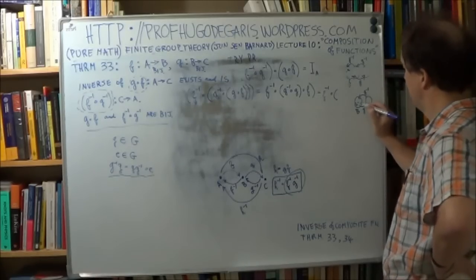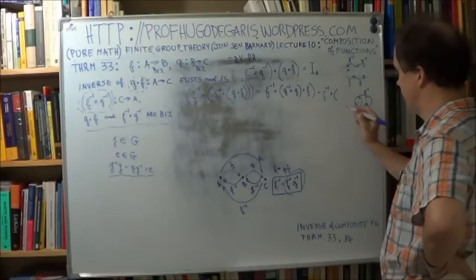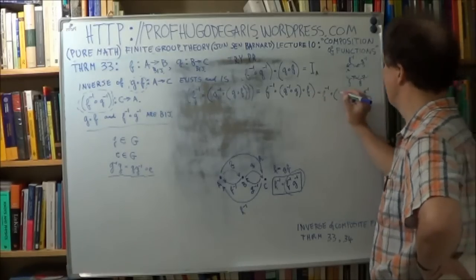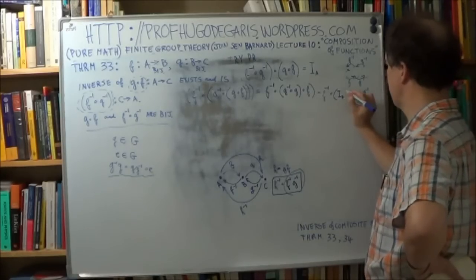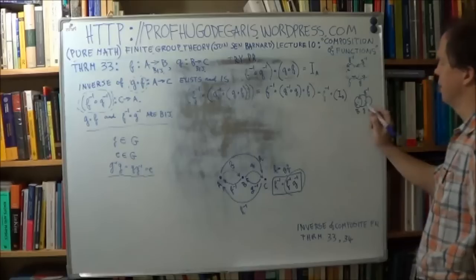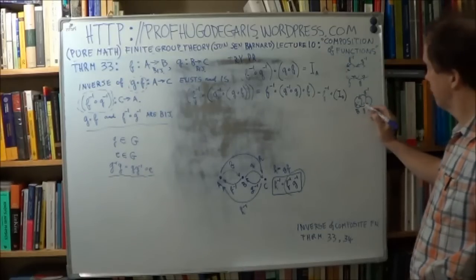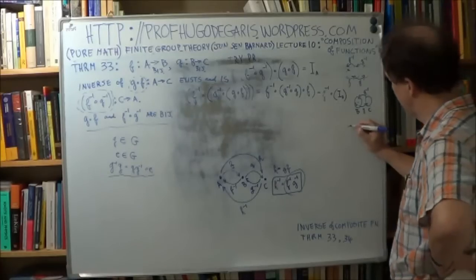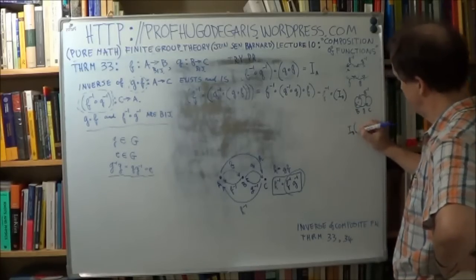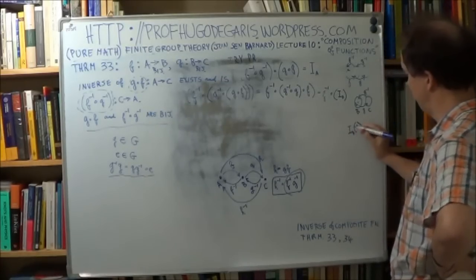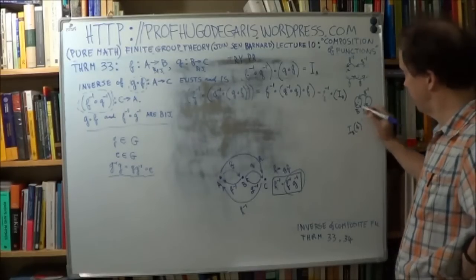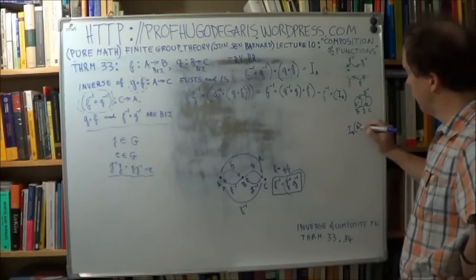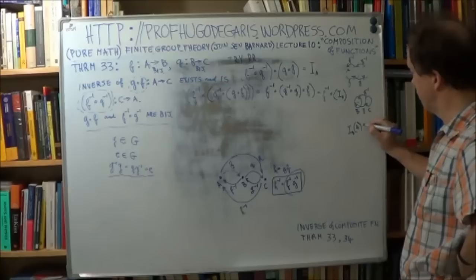So this is just the identity of B. Can you see that? Because if I apply this identity function for set big B on any little element b of it, I'll just get b, right?